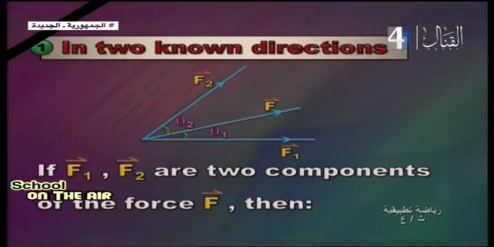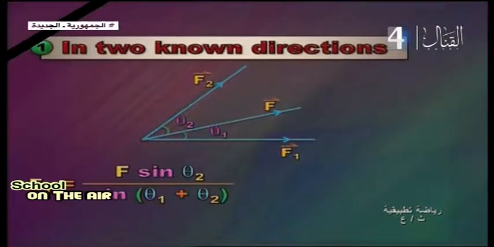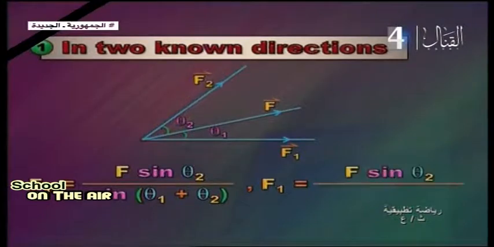Remember, F1 may be equal to R, the resultant. If F1 and F2 are the two components, then F1 equals F sine theta 2 over sine of theta 1 plus theta 2, and F2 equals F sine theta 1 over sine of theta 1 plus theta 2.